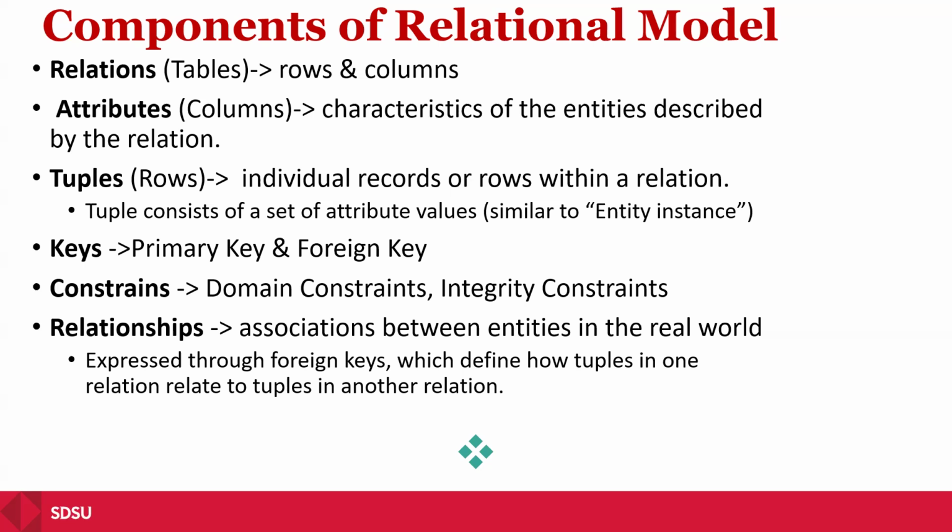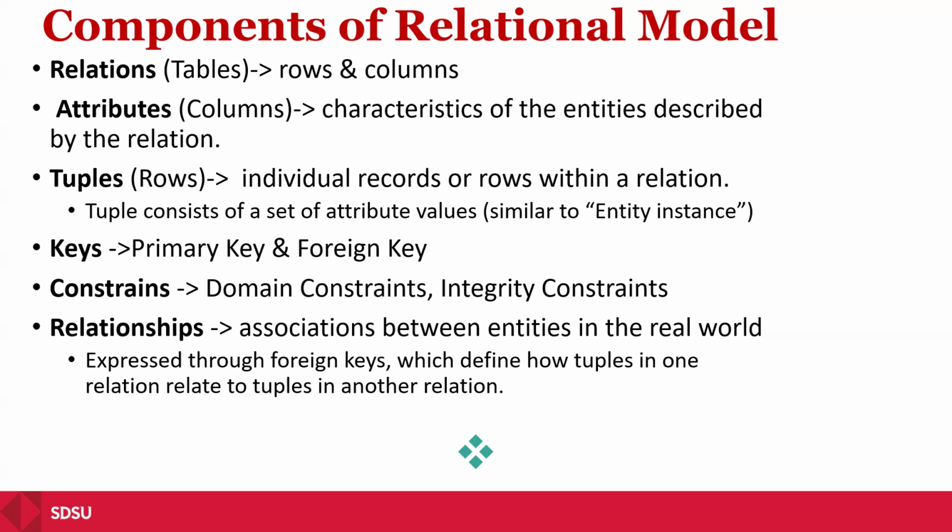There are also keys, and we have primary keys and foreign keys. Primary keys are unique identifiers of specific tables, and a foreign key is the same key but placed into another table in order to be able to connect this specific table to a new table. So primary key and foreign key relations allow us to connect multiple tables together within a relational data model.